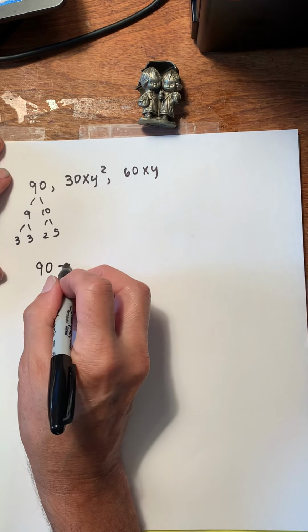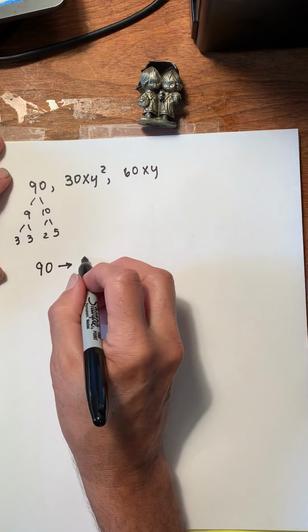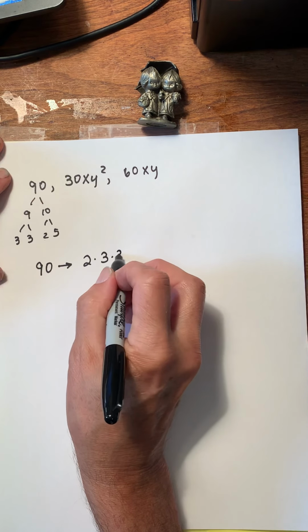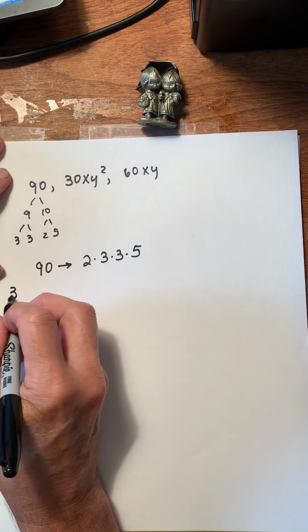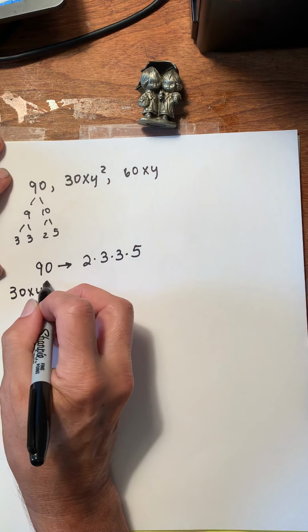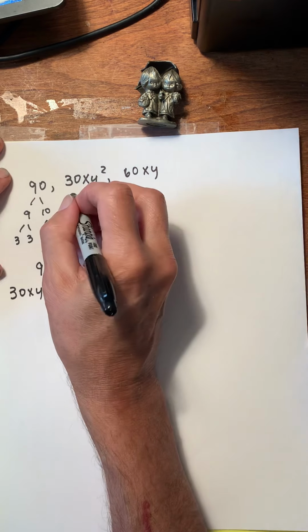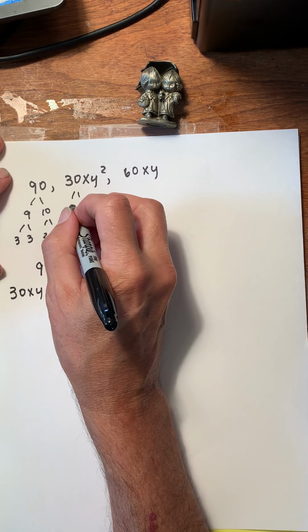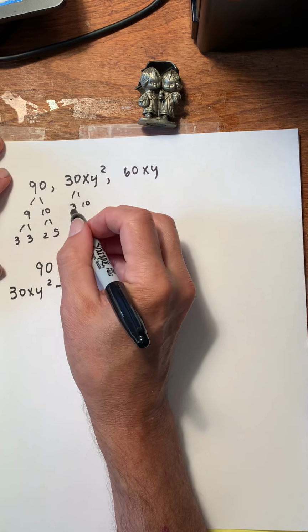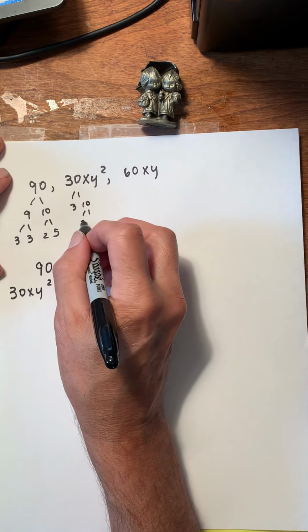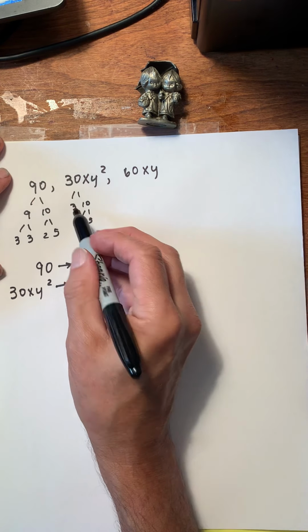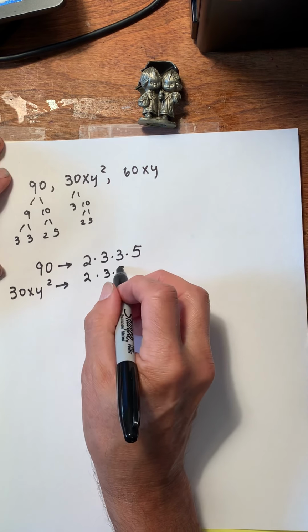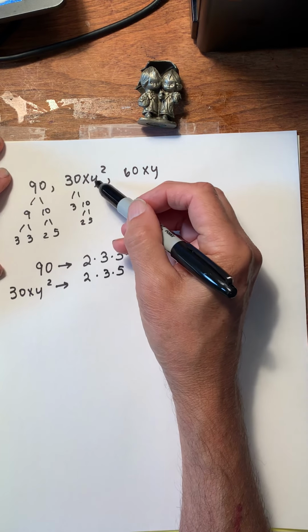So 90, it turns out, is 2 times 3 times 3 times 5. 30, most people think of 3 and 10. That's prime, 10 is not, 2 and 5. So I've got 2 times 3 times 5. And it's got an x and 2 y's.